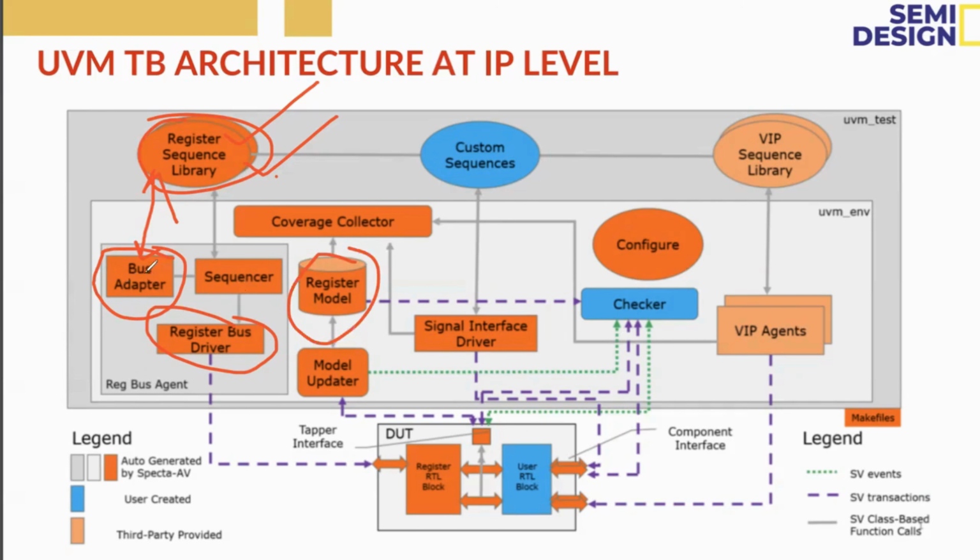So that is how we are generating the data, and this bus adapter will convert the data into binary format, so that from the bus adapter we will give it to the driver. That is what the actual RAL model is. Everyone understood here? The diagram is not properly drawn, so actually we will do it like that.